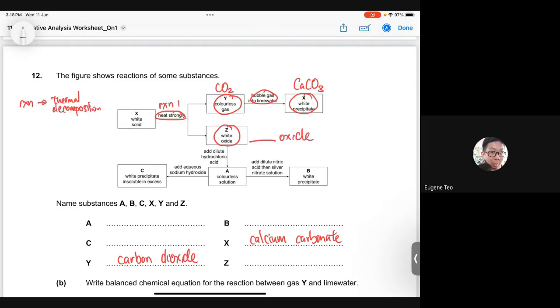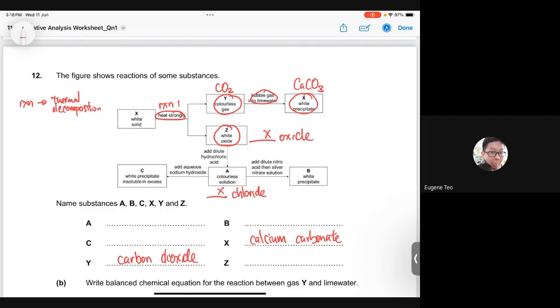But what metal it is, I do not know. Never mind. I add dilute hydrochloric acid in. It tells me that A must be something chloride, and this something must be related. So the metal cation here, let's call this X on top, X chloride. Down here must be X oxide, and down here must also be X chloride.